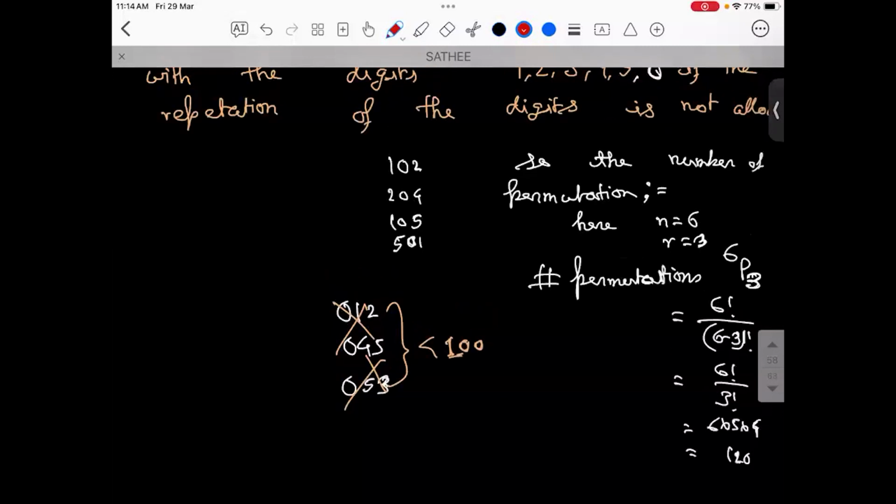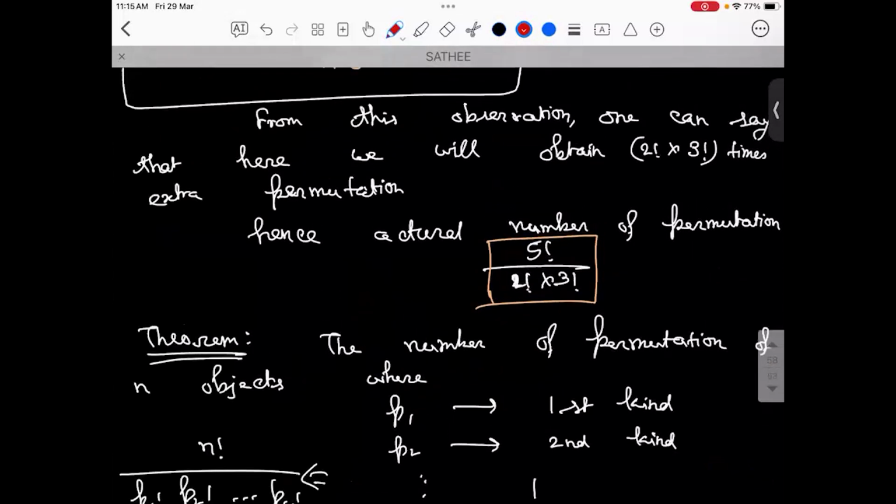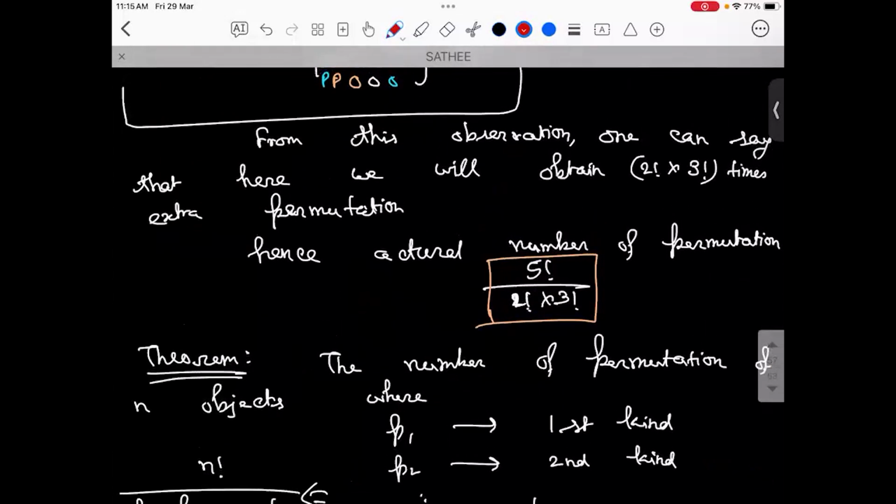Now, don't get confused with the previous example, when the words were repeating and we were dividing by 2 factorial or 3 factorial. In the previous examples, for all possible permutations we were getting 2 factorial into 3 factorial extra cases, so to reduce that many cases we needed to divide by 2 factorial into 3 factorial.